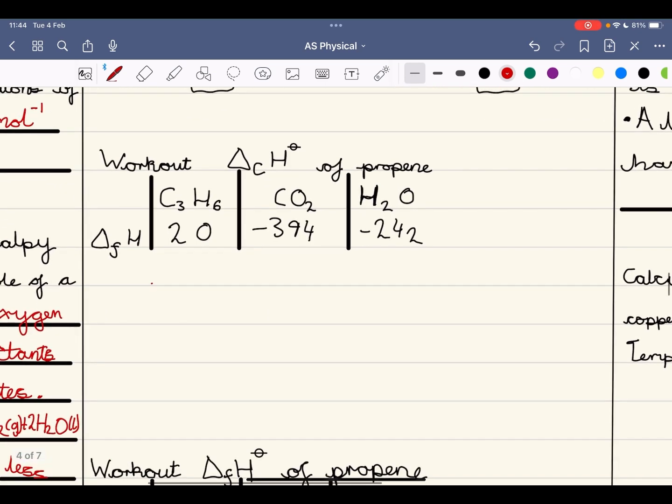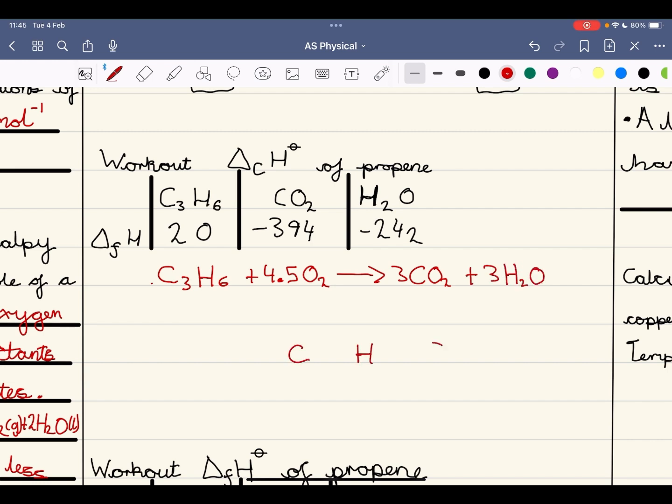So here's an example to try. Work out the enthalpy of combustion of propene. They've given us the formation values, so we know that the arrows are going to be pointing up. If I write down the balanced equation, we get this. And then its elements are carbon, hydrogen, and oxygen.